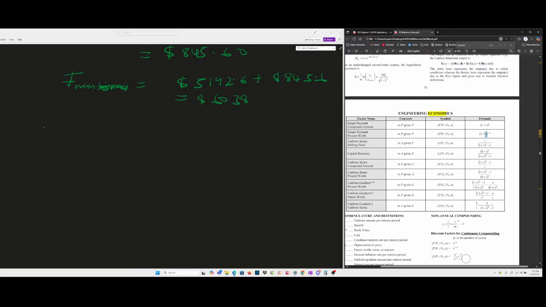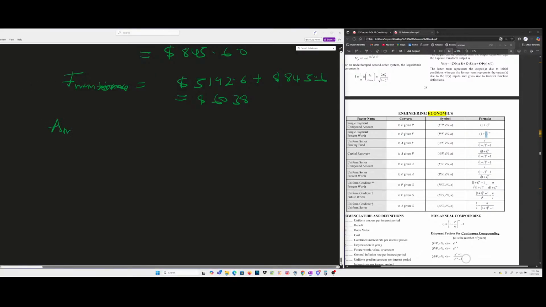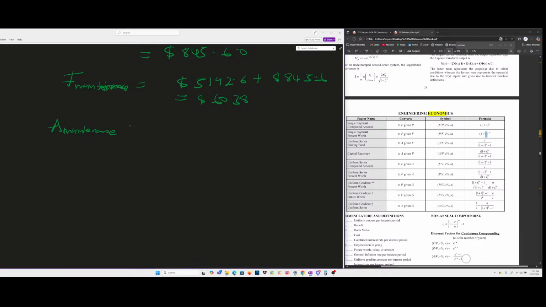So we're going to have A maintenance equals F maintenance multiplied by A divided by F, 6%, 13.